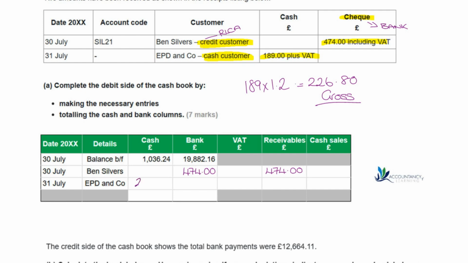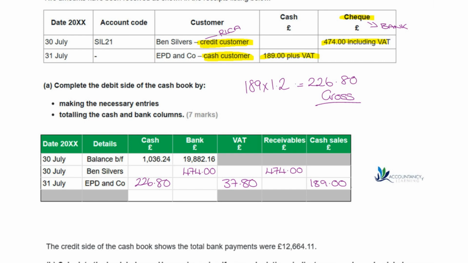That's in cash. So they've paid at the time of transaction. So now we can say we've got £189 of cash sales, which has £37.80 VAT.